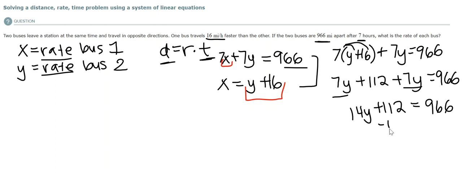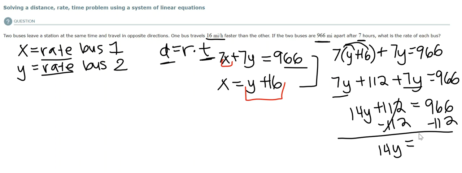Now I'm going to subtract 112, and I get 14y is equal to 966 minus 112, which is 854. And finally, I'm going to divide by 14 to get y is equal to 61.